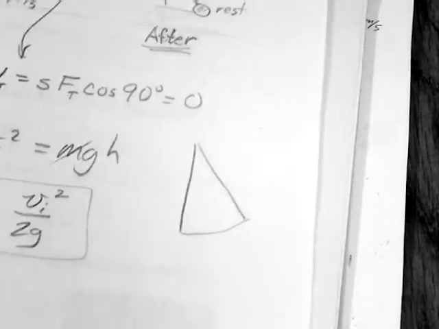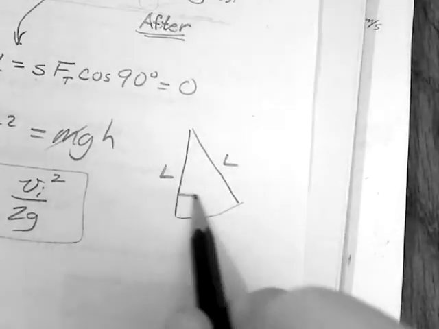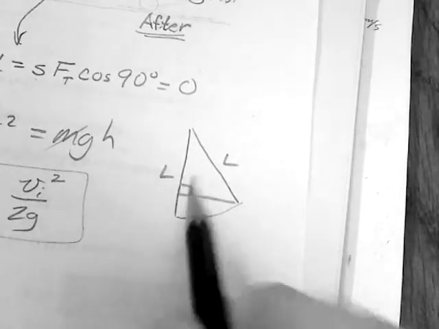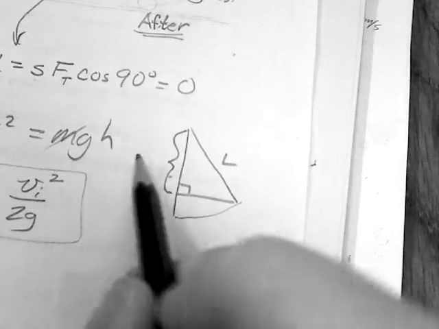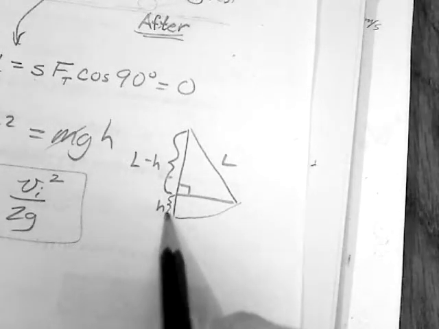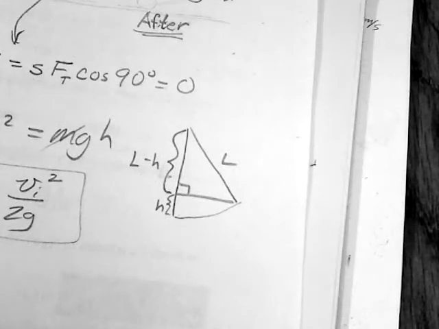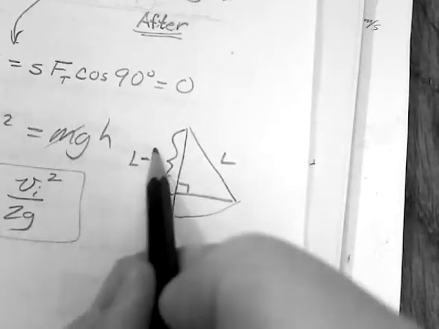I'll make the arc first. This is length L. If I draw my right triangle in there now, then I can say that this length is L minus h, because h is the height that the pendulum bob rose during its motion.